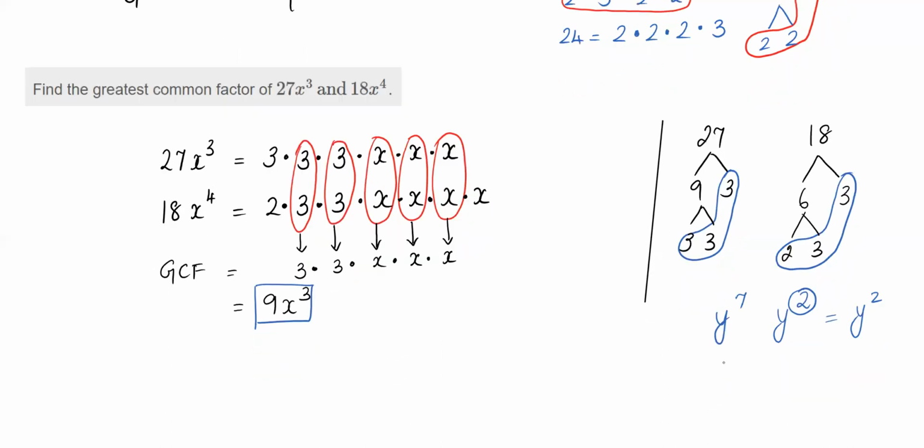Okay? Likewise, if you had m to the power 5 and m to the power 4, then you're going to choose m to the power 4 as your GCF, because that's the lower of the two powers, and 4 will fit in 5 and will fit within itself. Right?